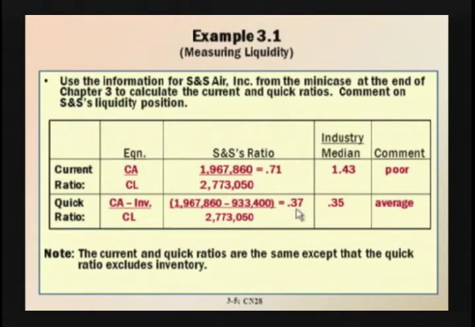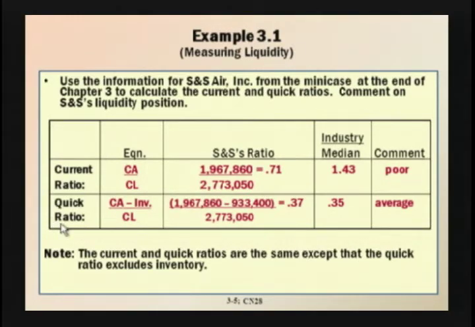I see S&S has a quick ratio of 0.37, which does compare just a little bit better than the industry median. So I would rate their liquidity as average, just slightly above the industry median as measured by the quick ratio. So we see both of these ratios are trying to measure the same thing, liquidity.